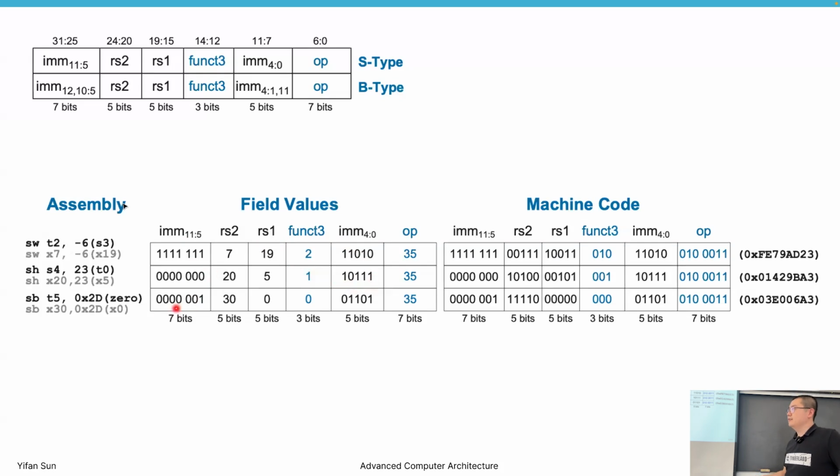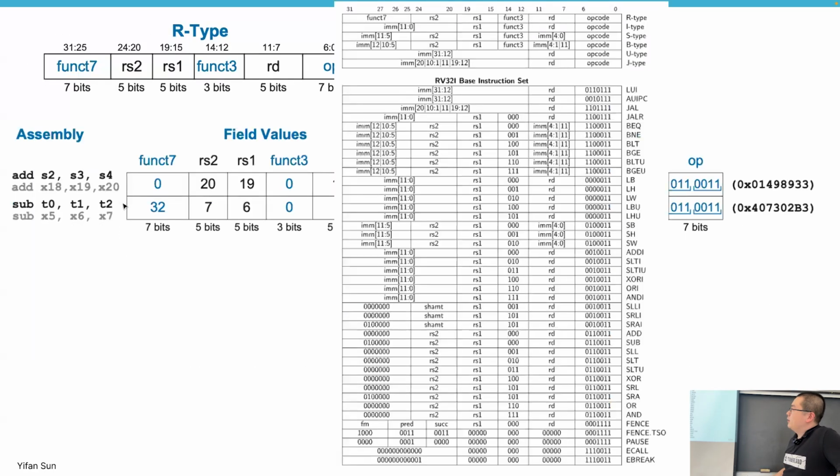Why they design it this way is mainly to keep it as consistent as possible. RS2 is always at the same location, and RS1 is always at the same location. For RD, we don't use RD in the store type, so we can use this space for the immediate. They want a more consistent encoding. Some ISAs don't consider this alignment.